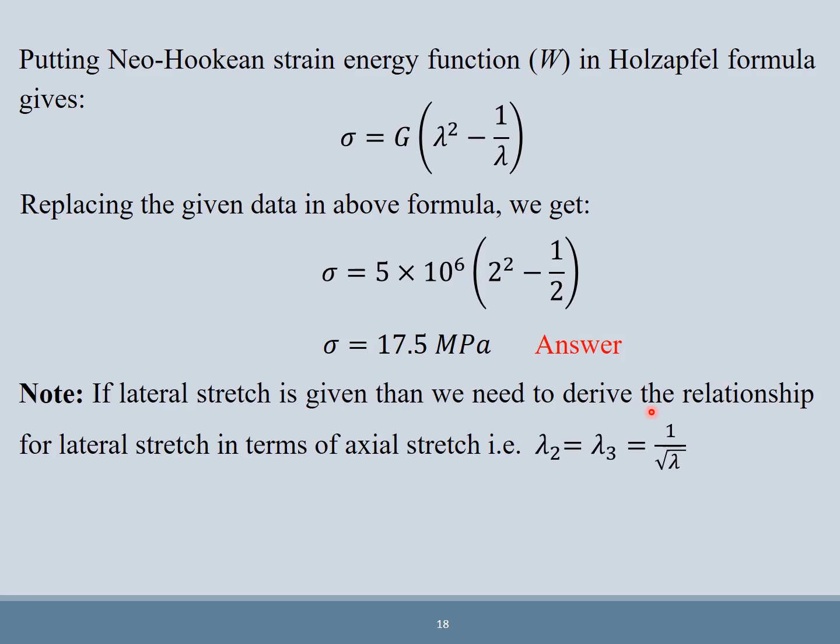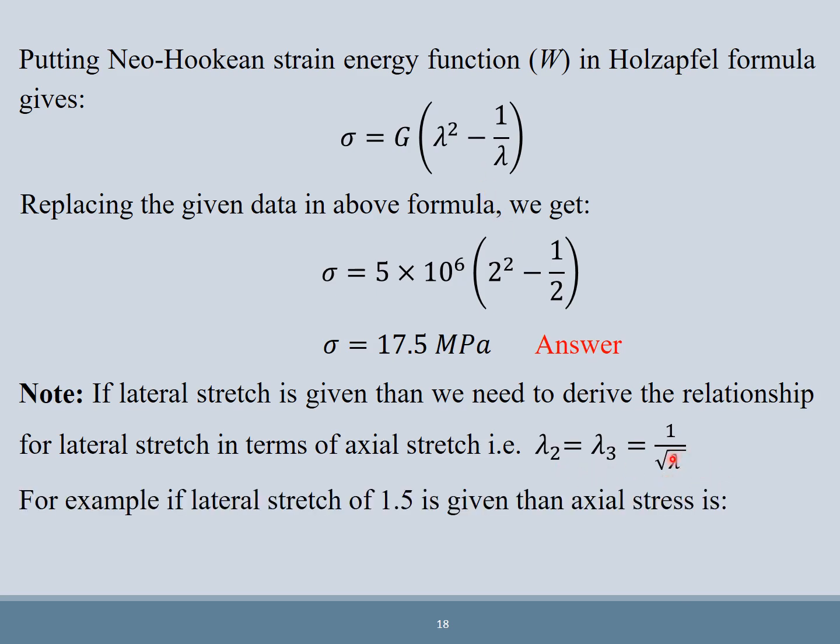Now, important to note, if lateral stretch is given, then we need to derive the relationship for lateral stretch in terms of axial stretch that I have already derived in the previous slides. So lambda 2 is equal to lambda 3 is equal to 1 upon root lambda. For this numerical, we need this lambda, not lambda 2, lambda 3.